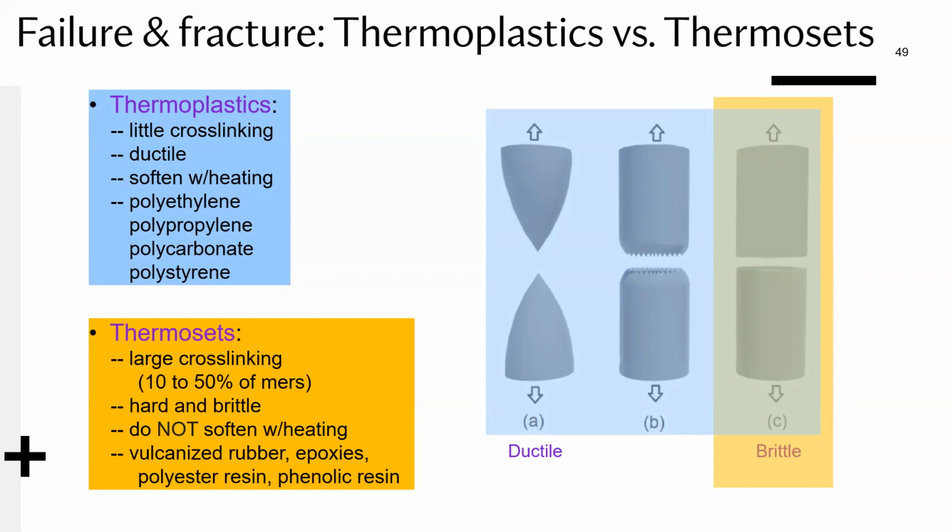Now, it's again good to remind ourselves of what we discussed last time, which is depending on the temperature, you can see a transition from ductile to brittle behavior. So if you actually cross over that glass transition temperature and cool it down, it becomes rather, I would say, brittle.